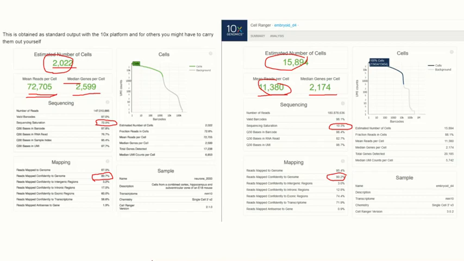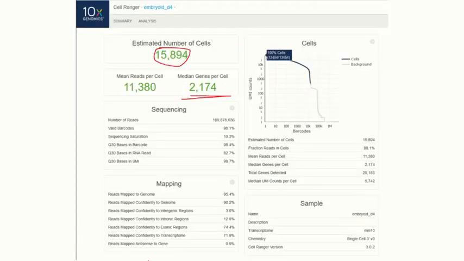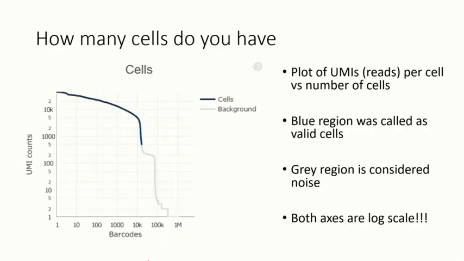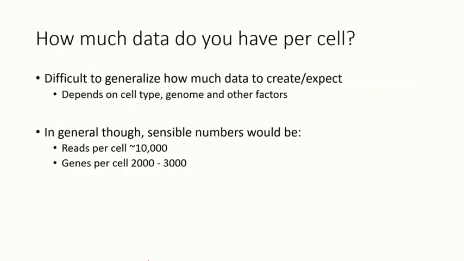We got approximately 35,000 cells per sample. The estimated number of cells was, I think, 35,700. That's a lot, too much. We were trying to make sense of it.